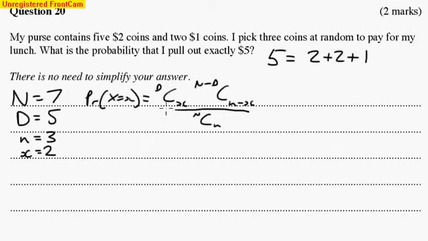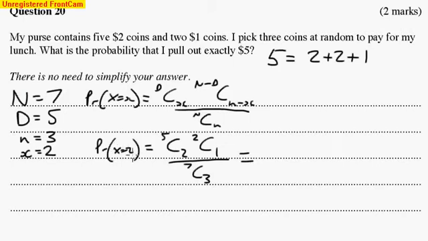Okay, we just now have to fill in the numbers here, and that should give us D is 5, C2, times N minus D is 2C1, and we've got 7, and we're getting 3 of them. Okay, and we will now replace all our Cs. That's the probability that we have exactly 2 of the $2 coins.